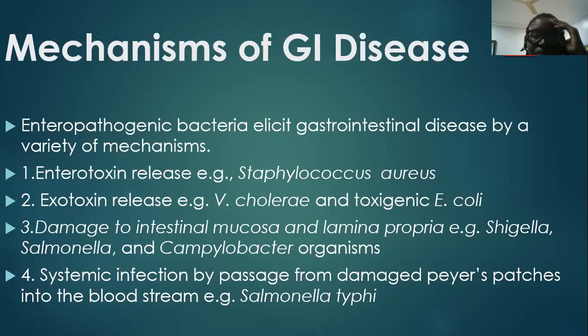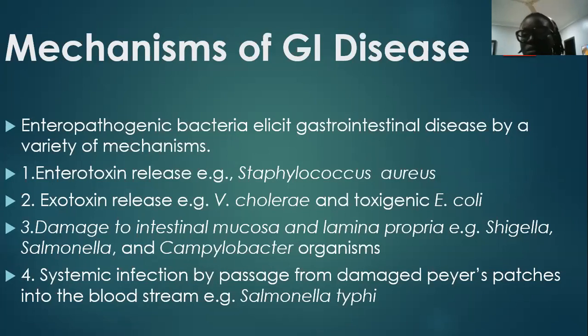So a lot of GI disease happens because of certain mechanisms. We have enterotoxin release. So some organisms like Staphylococcus aureus, which can infect food, would release enterotoxin, and it's the enterotoxin that will cause the infection. Some organisms like Vibrio cholera and E. coli would release exotoxin, which will cause infection.